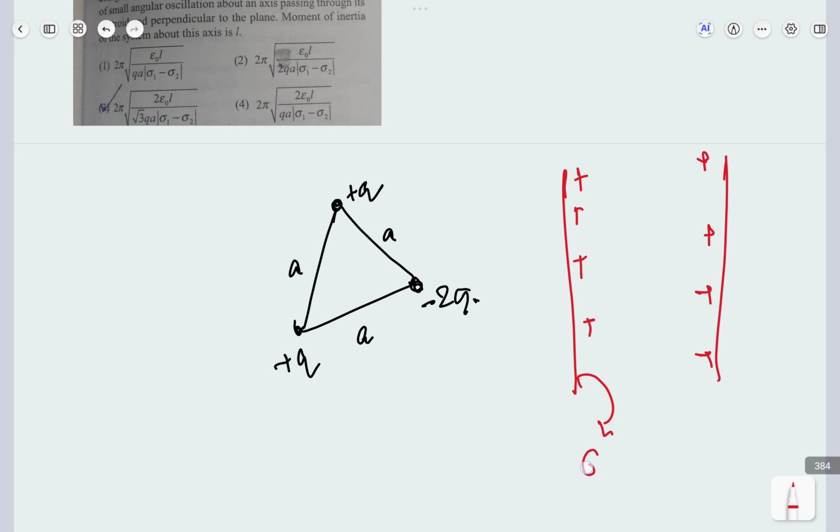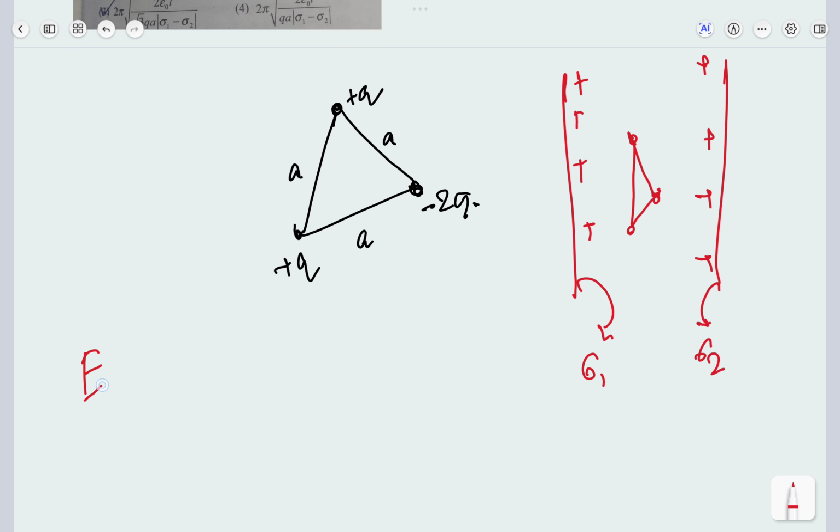Let's take these to be sigma 1 and sigma 2. So basically we have a net electric field. The electric field E1 would be sigma 1 by 2 epsilon naught. In the same way, E2 would be sigma 2 by 2 epsilon naught.